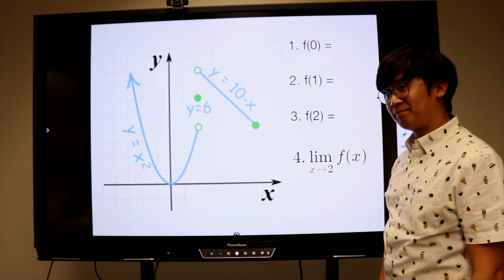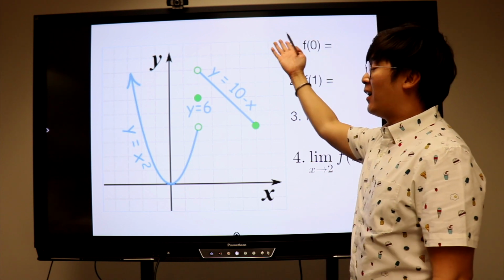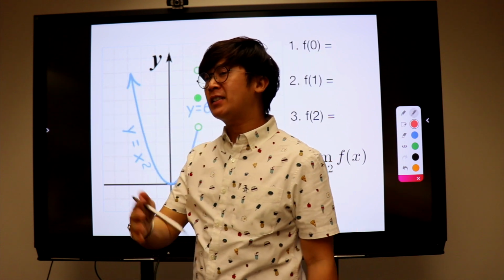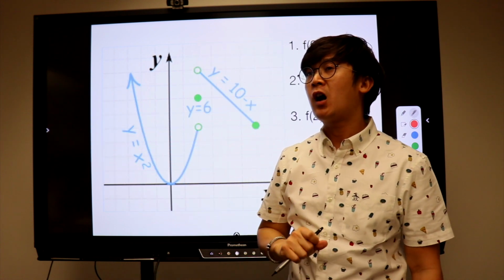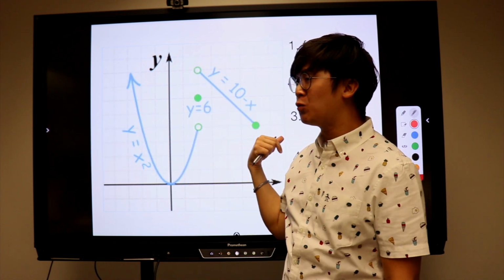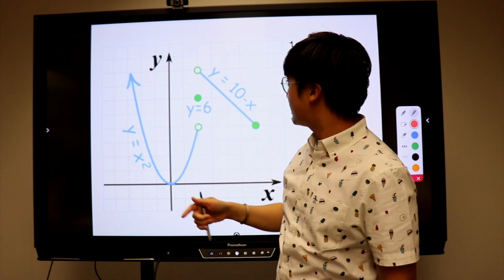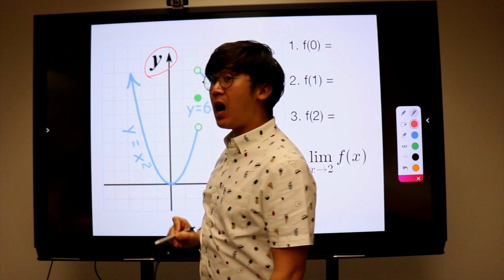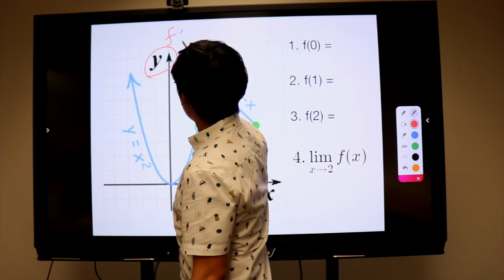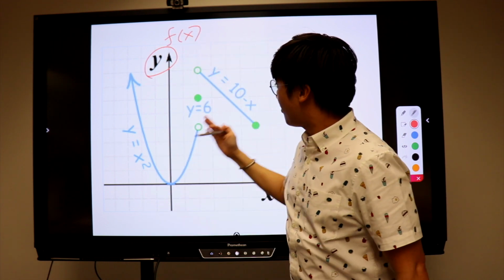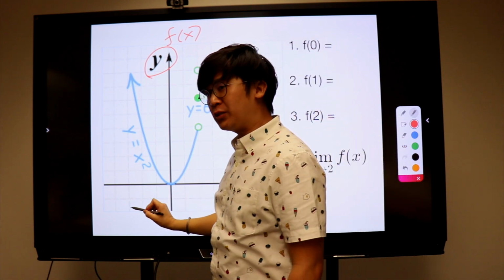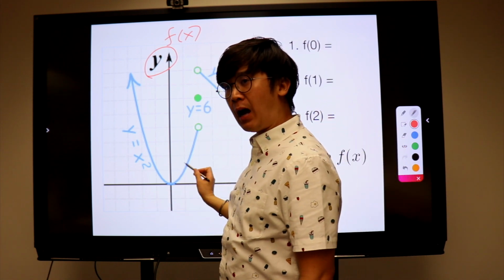Now, the f of x looks a little bit more complex than the previous one, because the previous one is probably just a cubic function. But this one is an equation, also known as an f of x. And this graph forms, do you know what type of graph this function is?